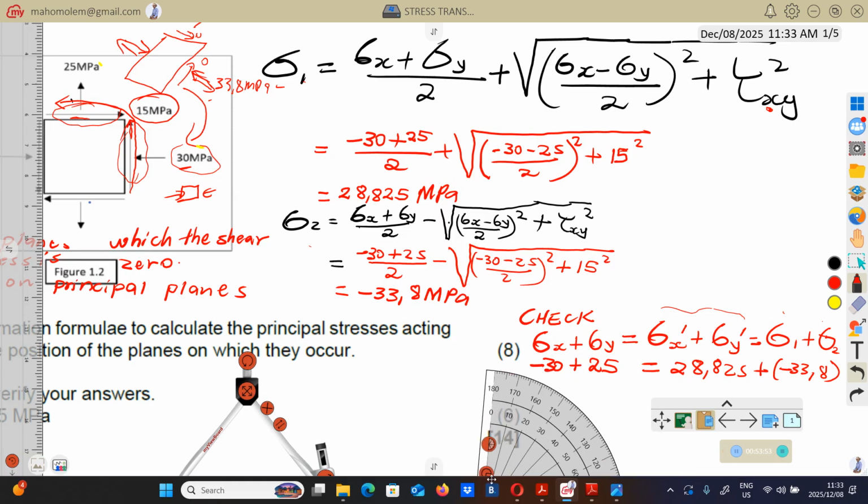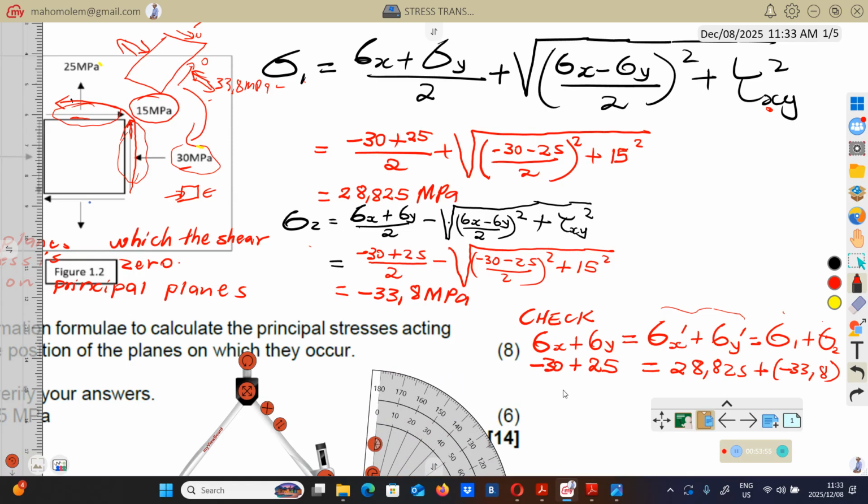So here you will get negative 5. Press calculator, this one minus this one, you'll also get negative 5. So if they are equal, then it means that you are on the right path.